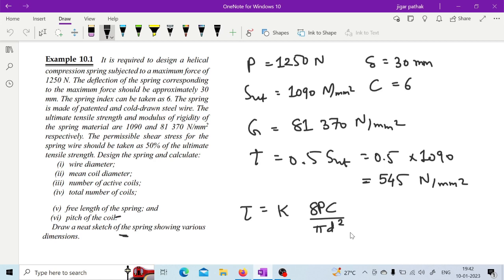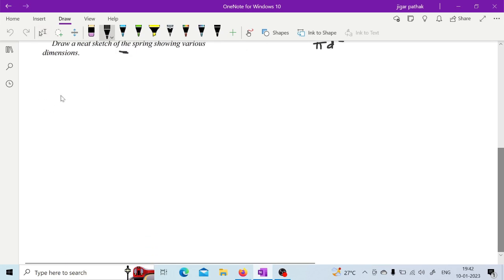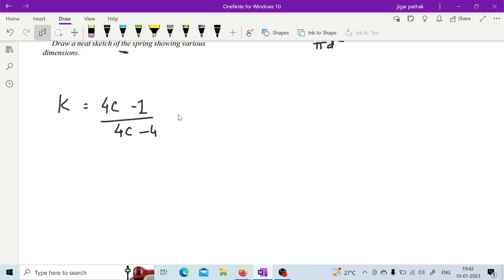Five, 5.91 mm. Sorry. First you have to calculate this K, right? Wall factor: (4C minus 1) upon (4C minus 4) plus 0.615 upon C. So what is this?